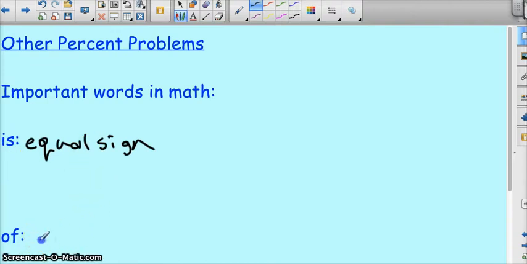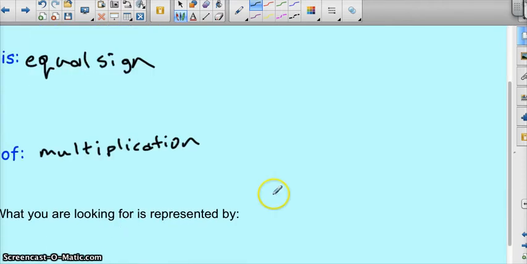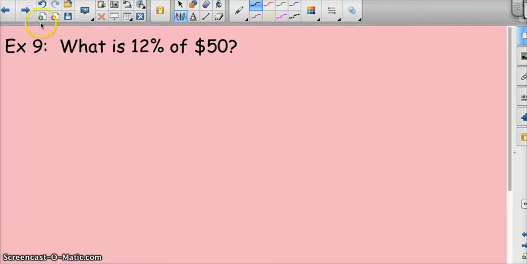Of is the same thing as multiplication. So if I say we need 13% of 20 bucks, you multiply 13% times 20 because of is multiplication. Simple. And the last one, what you are looking for will be represented by a variable, and we are going to use x in this case. So we're going to use that to decode these problems.